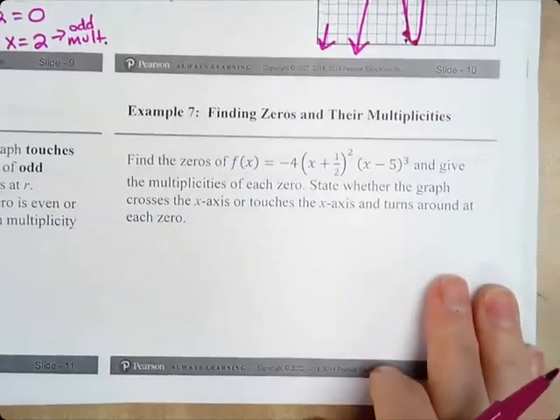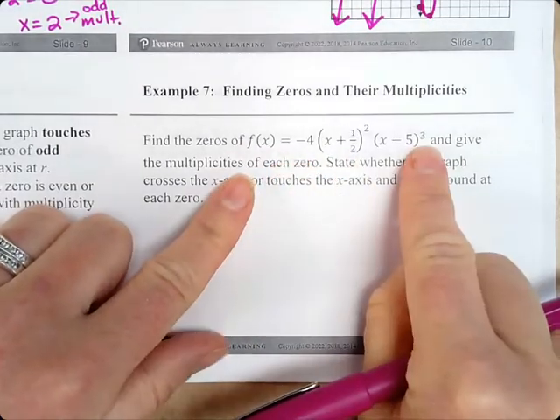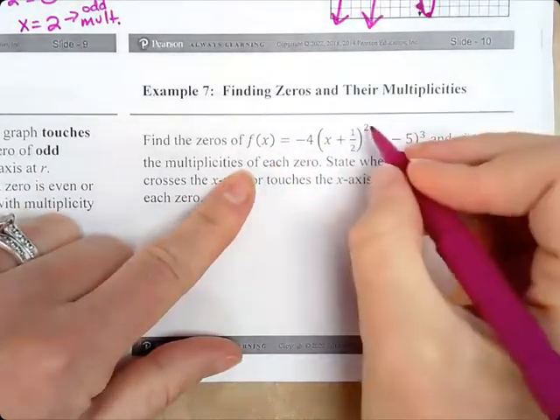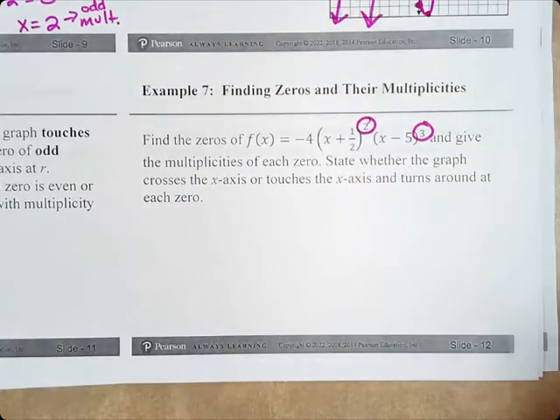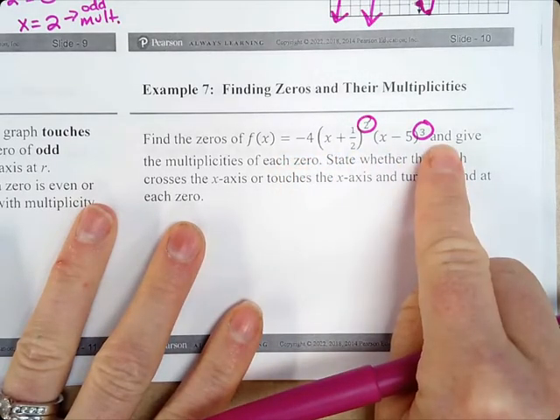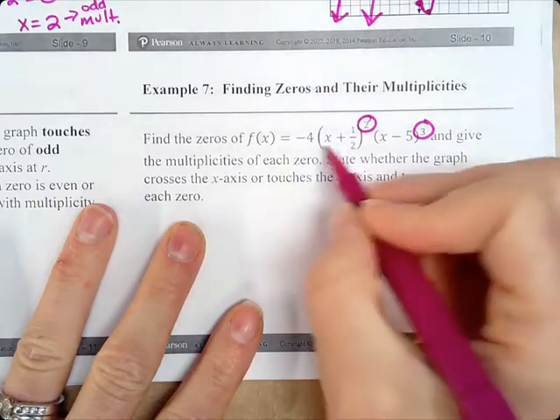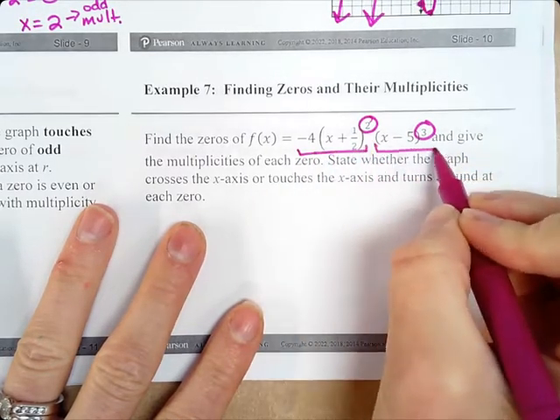Okay, let's look at the next example. Finding zeros and their multiplicity. So let's look at this function right here. We look at the exponents to determine their multiplicities. So all of this is being multiplied, so we can set each one equal to 0.